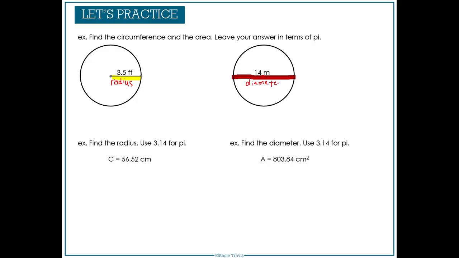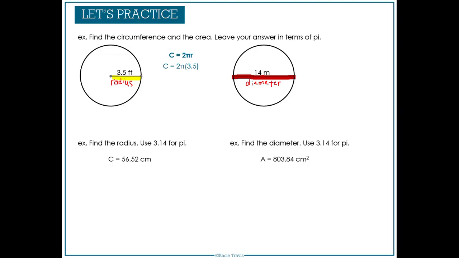Now, once we know what we're dealing with, we can go through and figure out all the rest of the calculations as needed. For these first two, we're going to find the circumference and the area. We're going to leave our answer in terms of pi. First off, our circumference formula is C equals 2 pi r. So we have 2 times pi times r, which is 3.5.